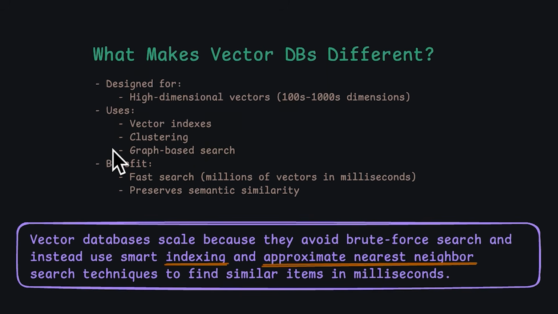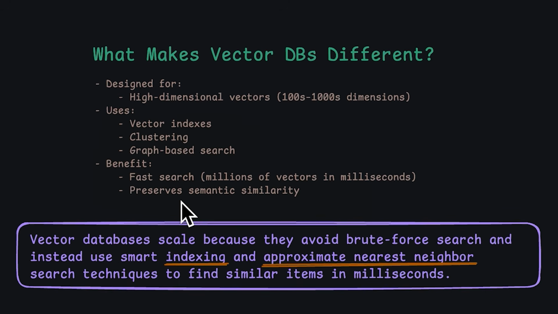So using these algorithms, it also makes the search efficient, right? So the benefit we get is fast search. It can search millions of vectors in milliseconds, right? While also preserving the semantic meaning, right? So that is where the vector database is very efficient.